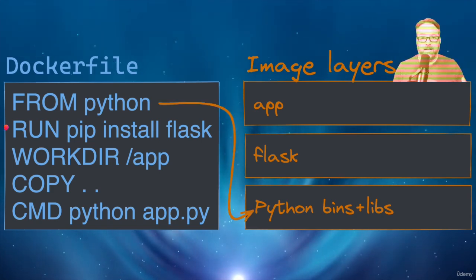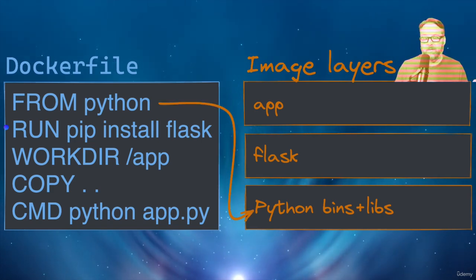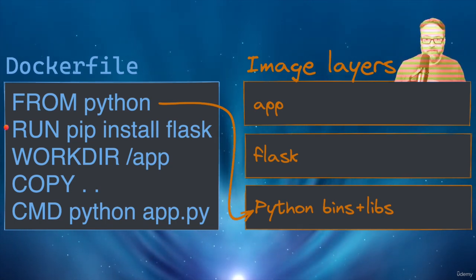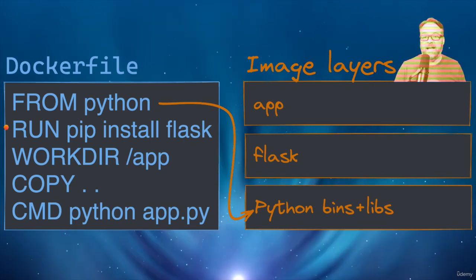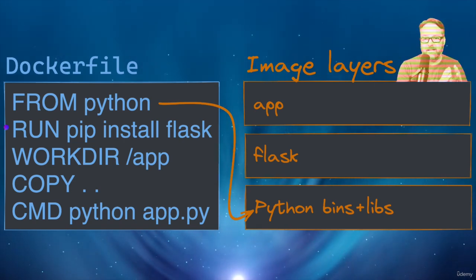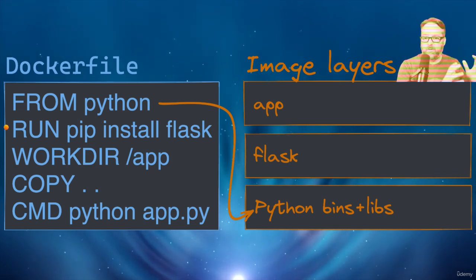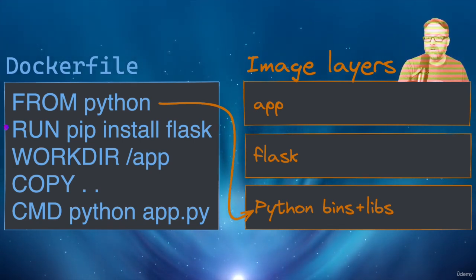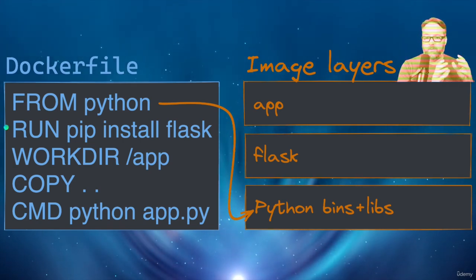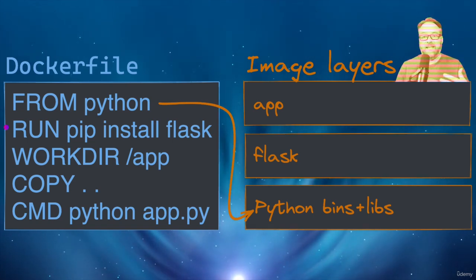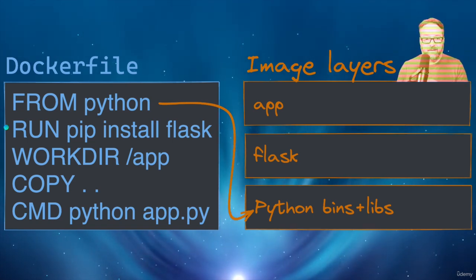When I start building this image, it will start that first line and go find the Python image from Docker Hub or wherever I told it to get the image from. And that includes just Python, its binaries, and its libraries. It doesn't contain host drivers or the Linux kernel or anything outside of what Python needs to run. If Python needs OpenSSL, then that's included in that layer of the image.